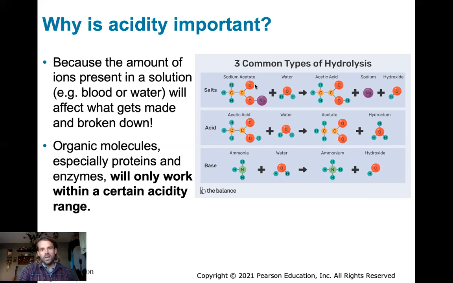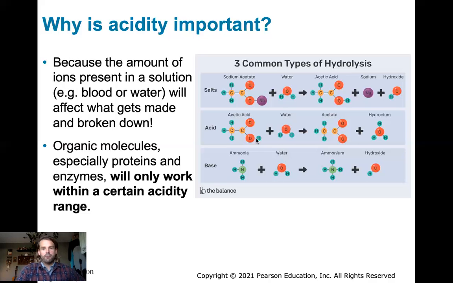Okay, so you don't need to remember this figure, but I do think it creates a good framework. In an acidic environment, acids, here acetic acid, will interact with water to create acetate and hydronium. In a basic environment, ammonia and water will interact to create ammonium and hydroxide.